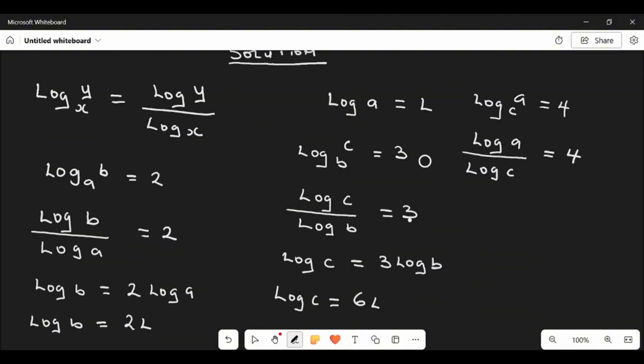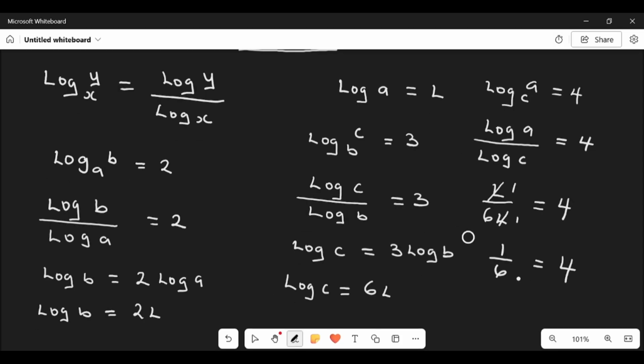Log A is L, log C is 6L. So L over 6L equals 4. L over L is 1, and 6 multiplied by 1 gives us 6. 1 over 6 equals 4 is incorrect.